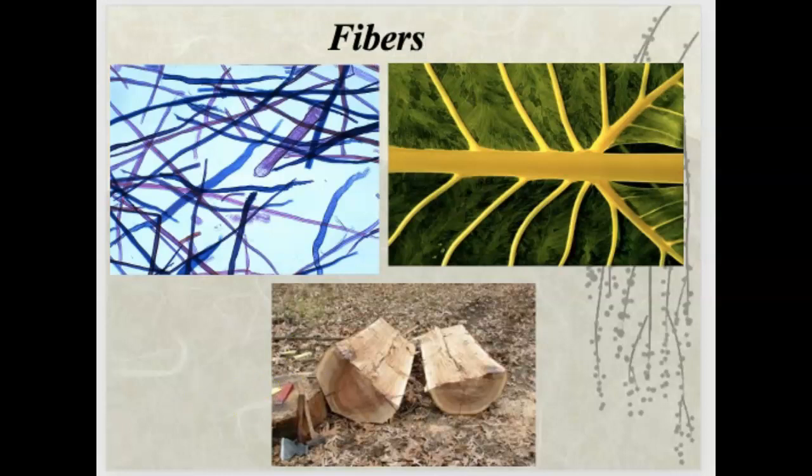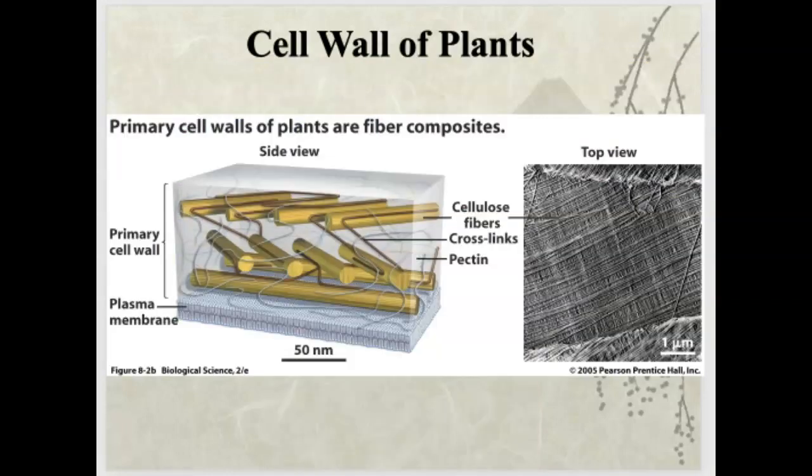All right, so just one last thing to mention here. When we look at the cell wall of plants, this obviously varies from plant type to plant type, but in a very generalized picture, why do plants have this rigid structural nature to them? Because of the different fibers that are embedded within their cell wall.